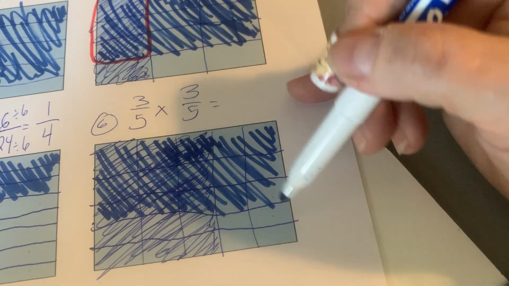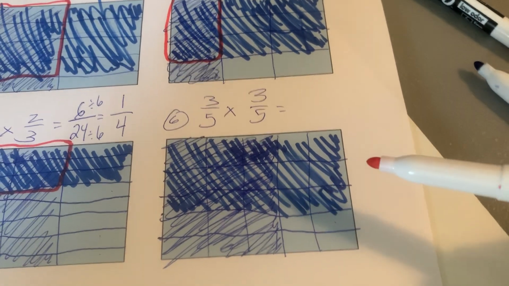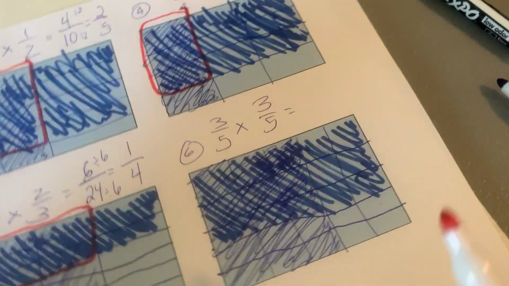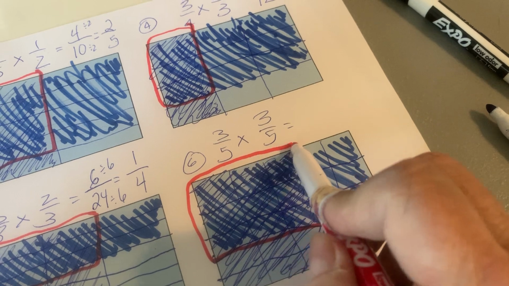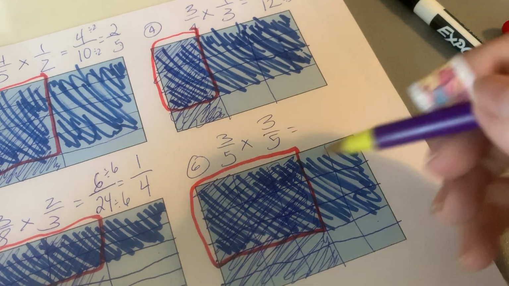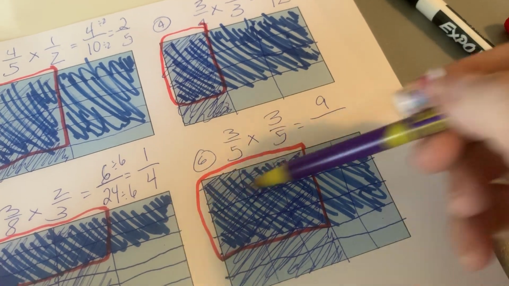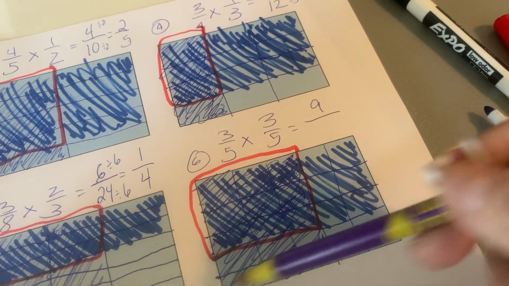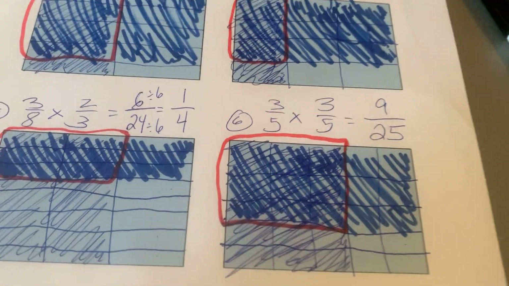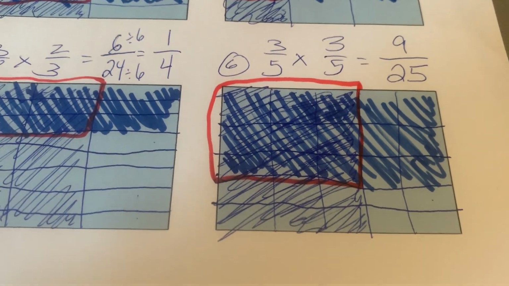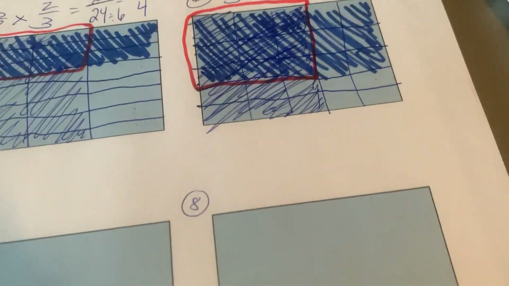Okay. And then I'm going to look and see, which sections have both been shaded. And that's this group right here. So 1, 2, 3, 4, 5, 6, 7, 8, 9 out of 5, 10, 15, 20, 25. So we call that 9/25. So 3/5 times 3/5 equals 9/25.